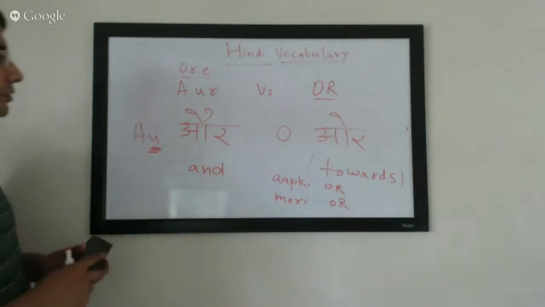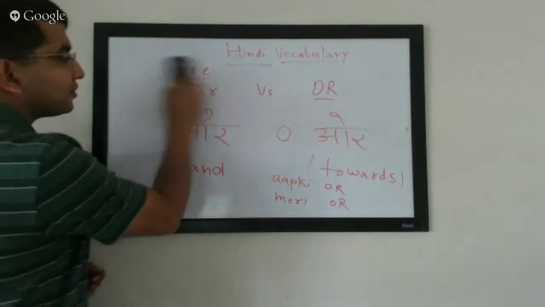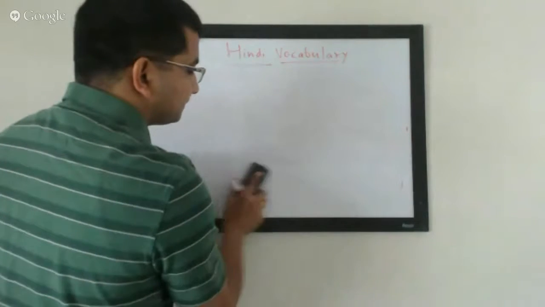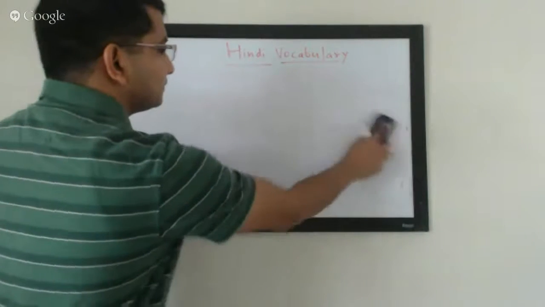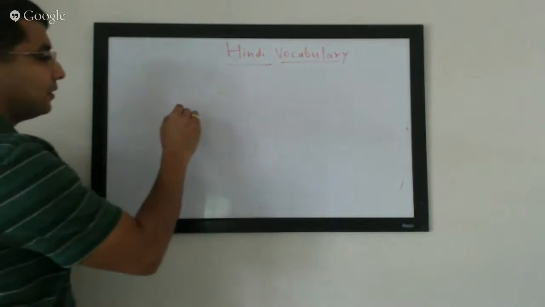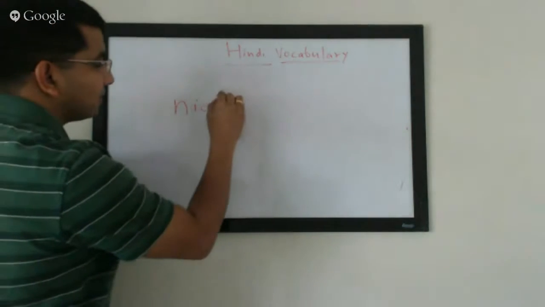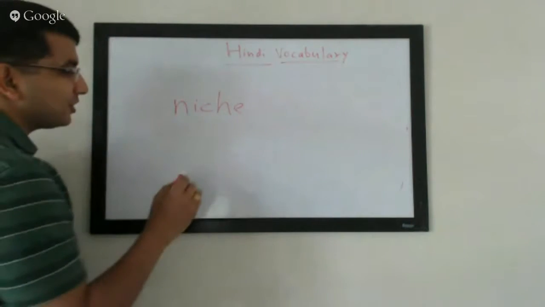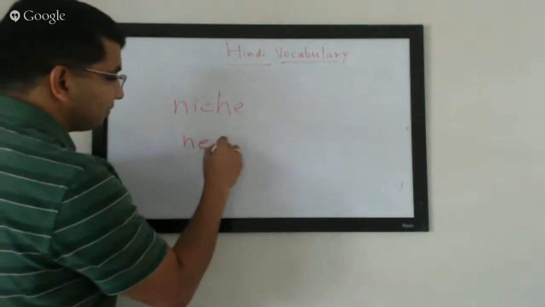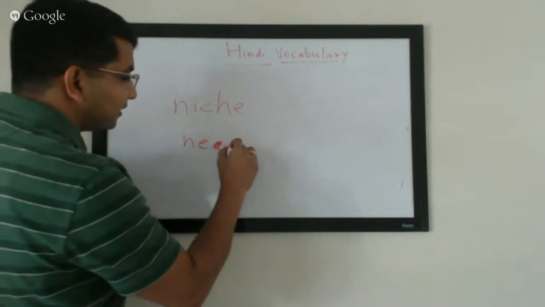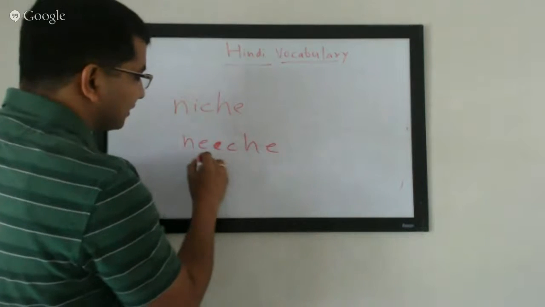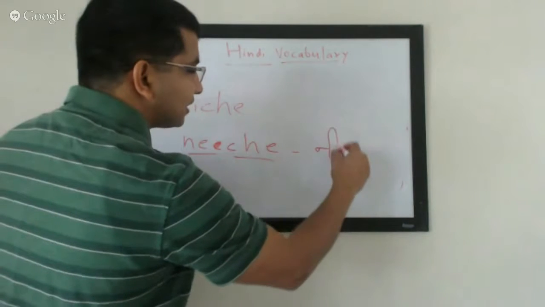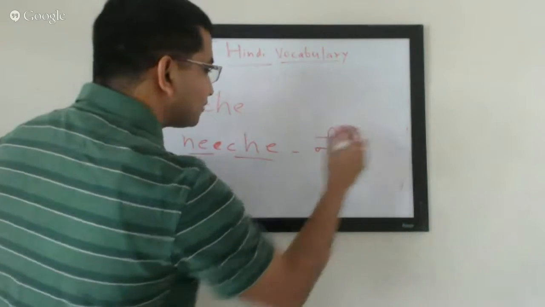Okay. So niche is correct. Another question was, when I say niche, well, maybe you can pronounce it as niche as well, which is a very good catch. But if this is getting unclear, you can write it like this: niche, niche, right? That's a good catch actually, because it can be pronounced either way.